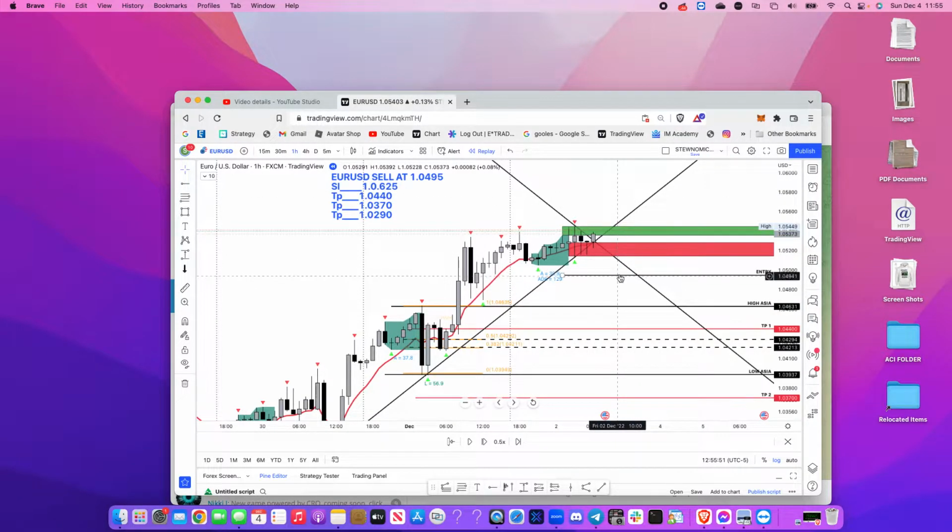So if you get in here, you can automatically know, okay, this high of Asia right here would probably be my first TP. That's what I would look for at first as a take profit, even though they said the TP1 is here.